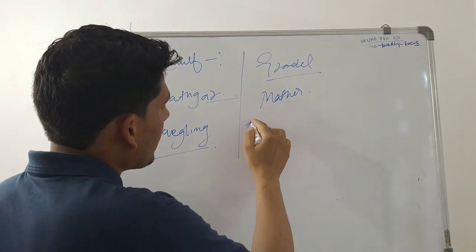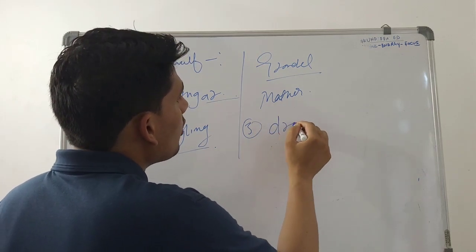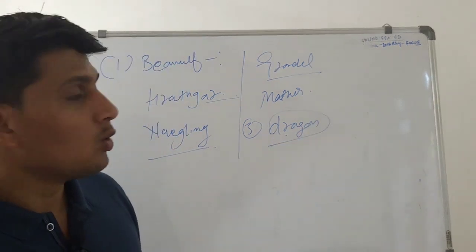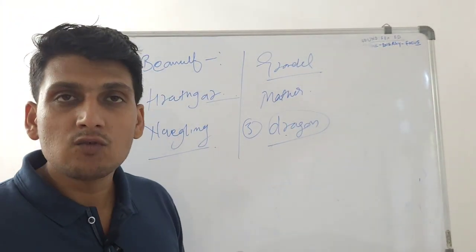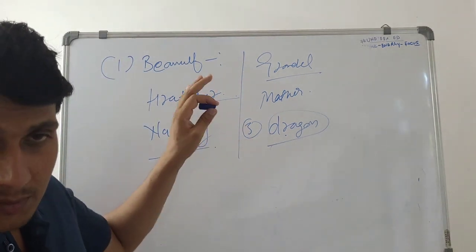And the third fight he had was with the dragon in his own homeland, the dragon who gave him a fatal wound, which became the reason for his death, and he eventually died, Beowulf.